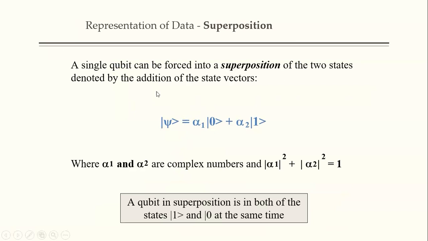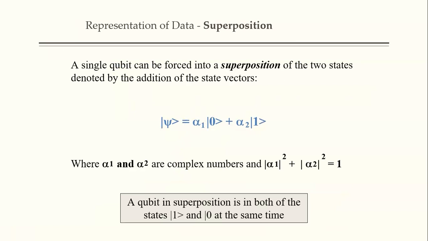In this, a single qubit is forced into a superposition of two states, zeros and ones, denoted by addition of state vectors, where alpha 1 and alpha 2 are complex numbers. |alpha 1|^2 + |alpha 2|^2 = 1.